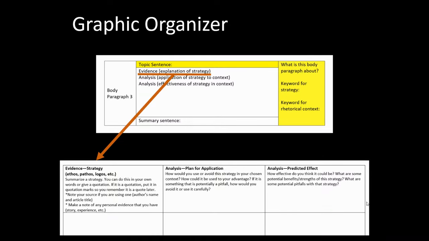That first piece of evidence is what you're filling out in column 1. The first piece of analysis, you're filling out and taking notes on in column 2. And the second part of analysis is in column 3.